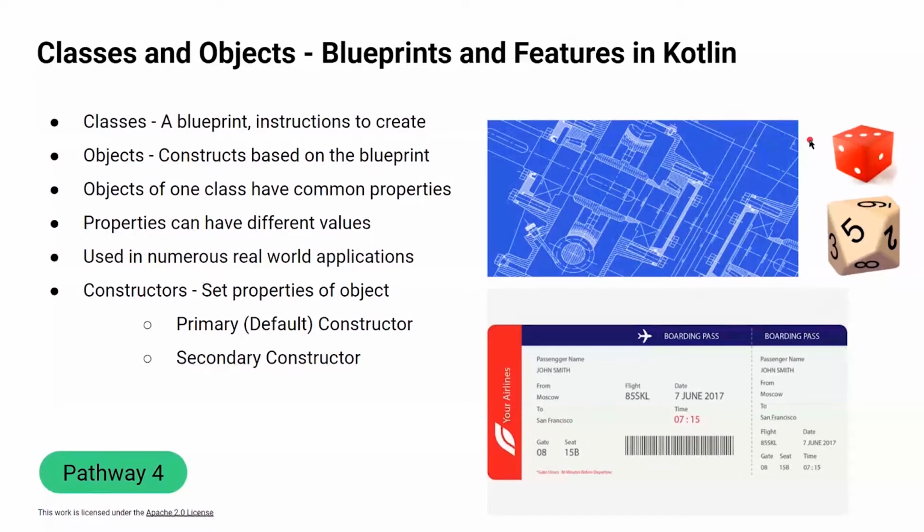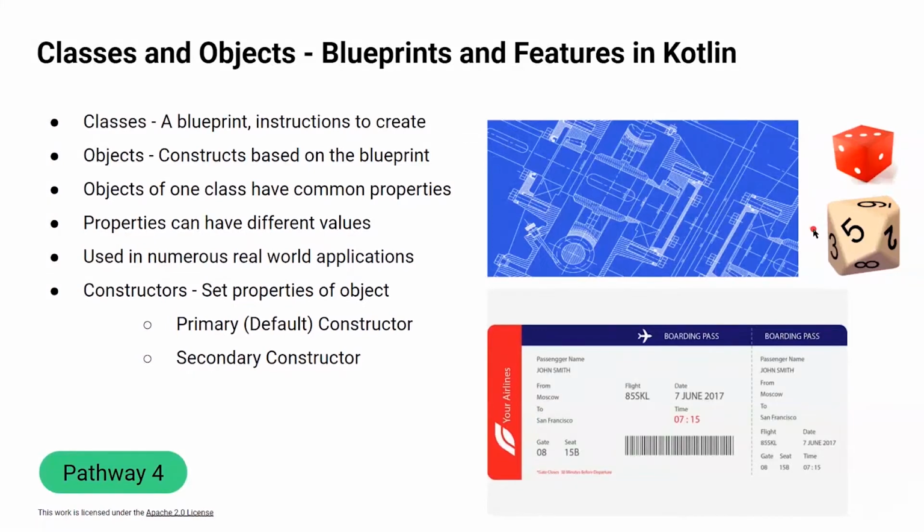For example, if you use the die blueprint and you try to build this die, the properties would have values as follows. It would have 6 faces, 6 sides. It would be made of rubber and it would be red. And for this dice, it would have the same 3 properties, but different values.